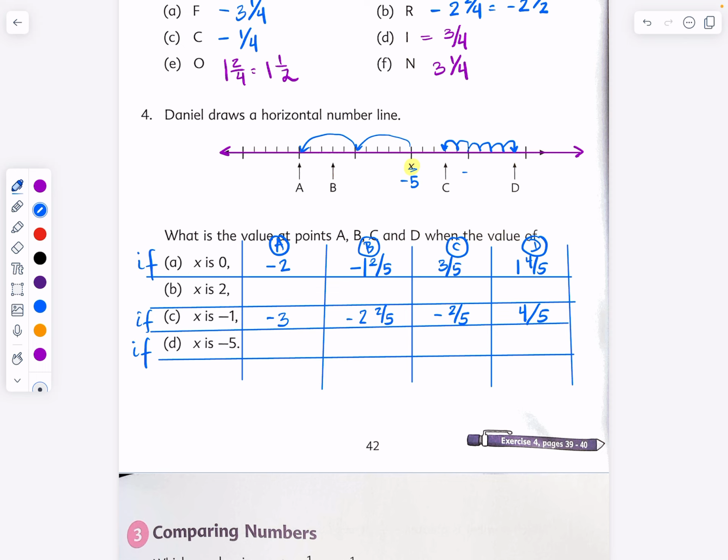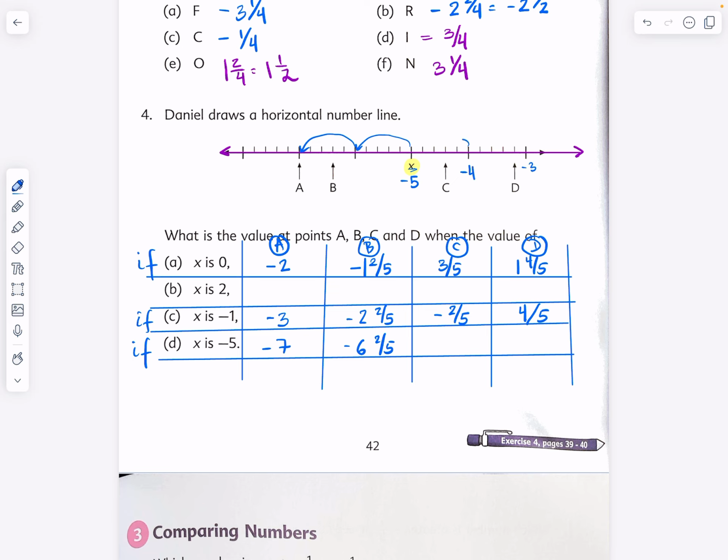Then A is -7. It's farther to the left. And B is -6 and 2/5. C is positive. Oh no, it's definitely not positive. Well, I'm sorry, my friends. Let me first erase. Now, what is C? If this is -5, this must be -4, and this must be -3.